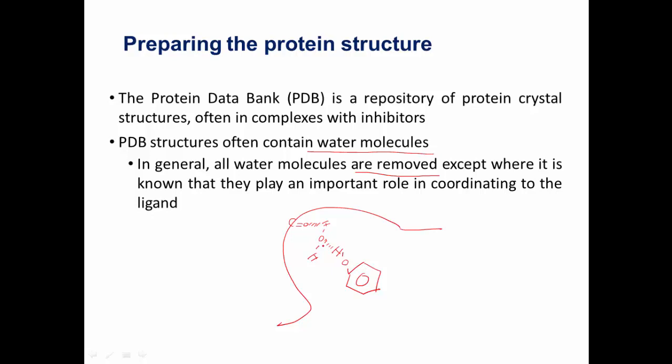So water contributes to the interaction. Water acts as a bridge between the amino acid and my ligand. So such a water molecule is important for binding. If you know something like this, keep it. Do not delete this water molecule.